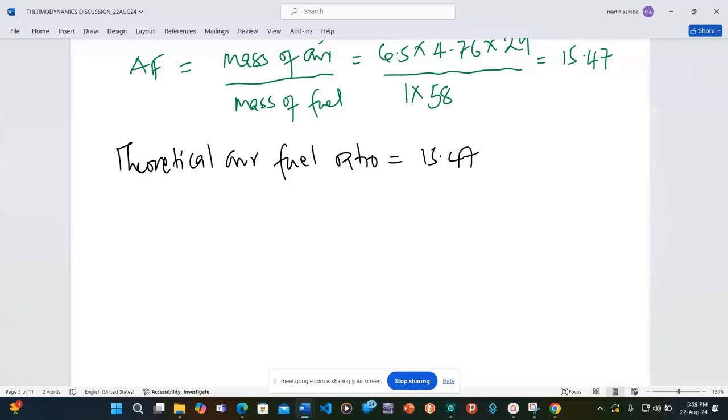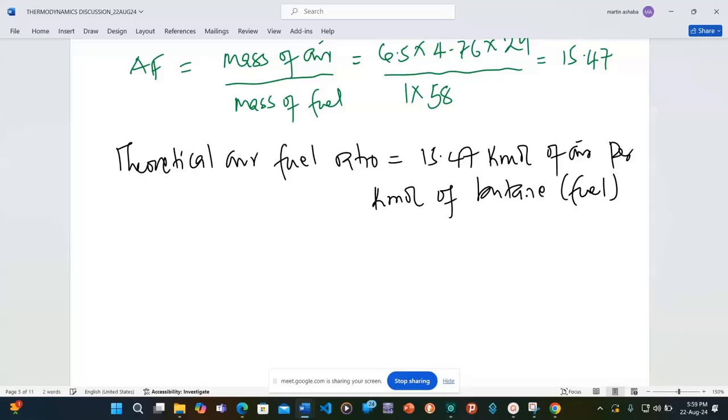So that will be 15.47 kilomoles of air per kilomole of butane, in other words, the fuel.